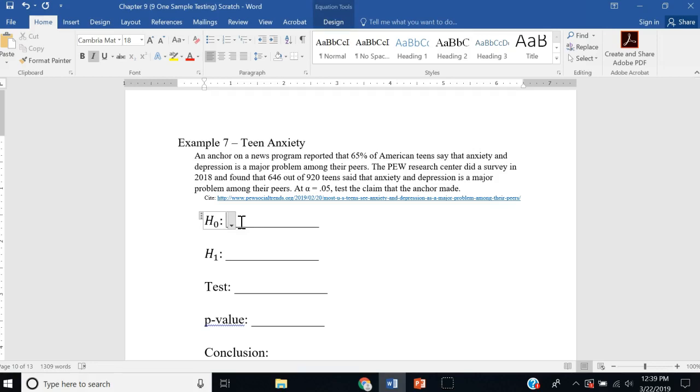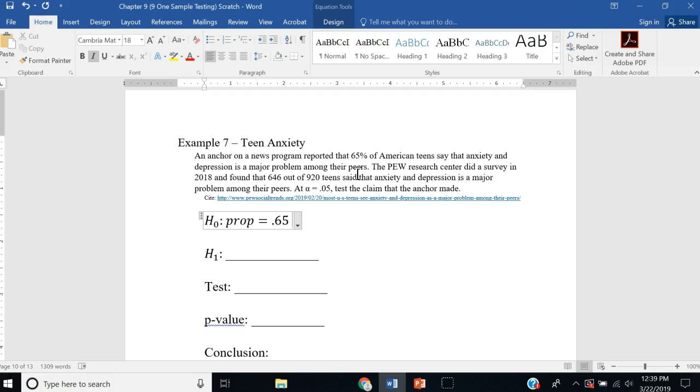Okay, so the null hypothesis. The claim is that 65% of teens say this is a major problem. So what we're saying is that the claim is that the proportion who say it's a major problem is equal to 0.65. Be careful that you don't put 65.